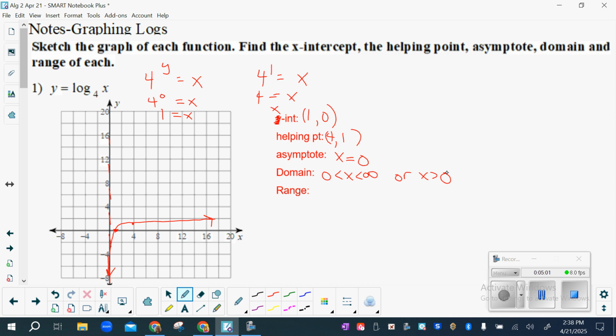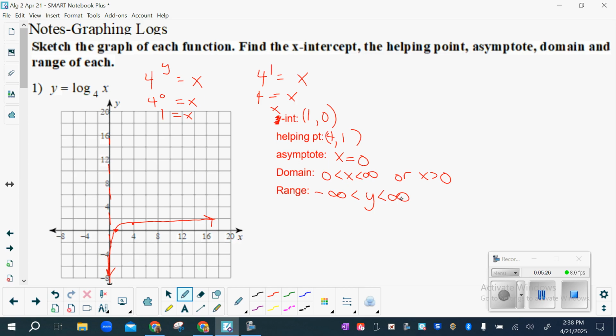Negative infinity is less than or equal to y. Less than or equal to, or just less than? Just less than, because it's infinity. So between negative infinity and infinity. Does that make sense? Yeah.